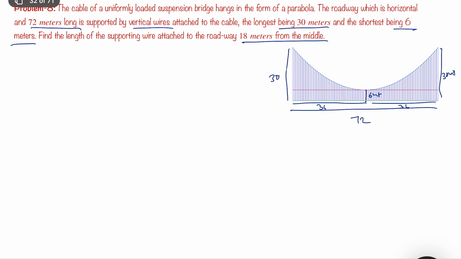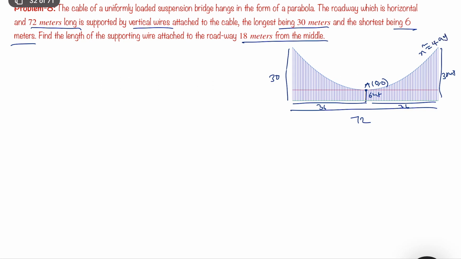Now for simplicity, as this cable hangs in the form of a parabola, let me assume the vertex of the parabola to be 0, 0. Let us say this is the origin. Then the equation of the parabola, as it opens up, will be in this form: x square equal to 4ay.